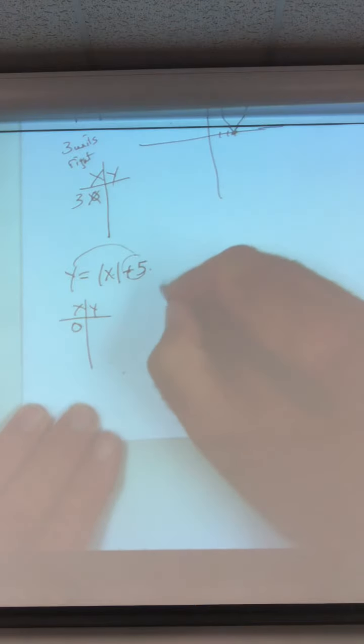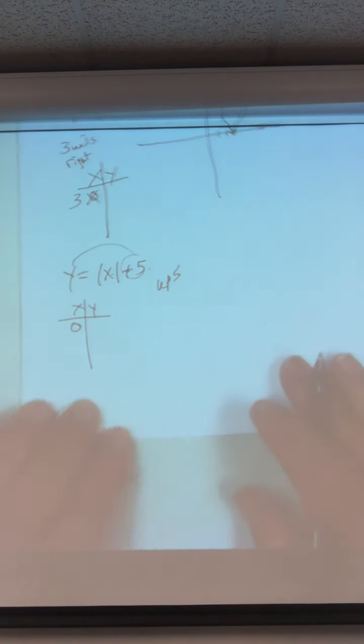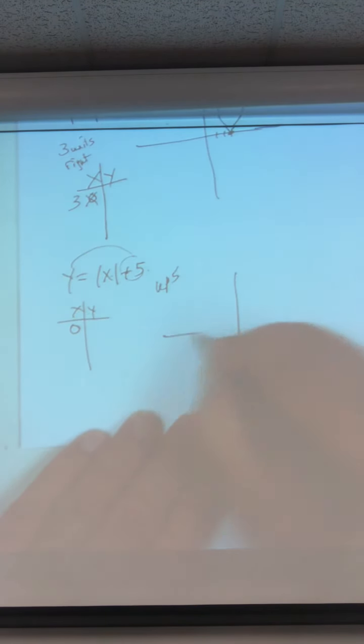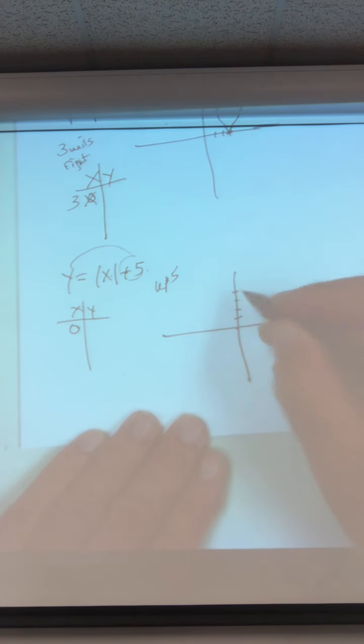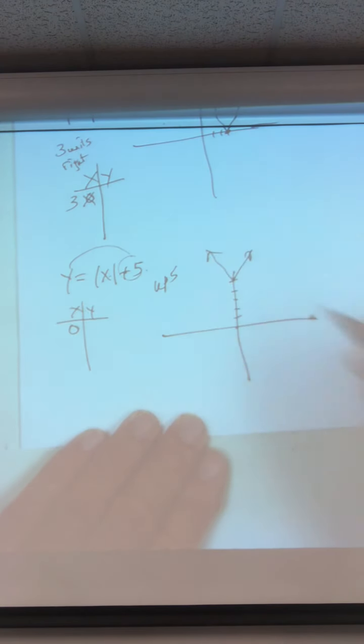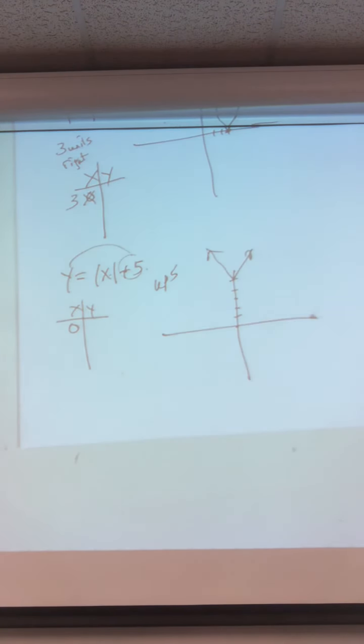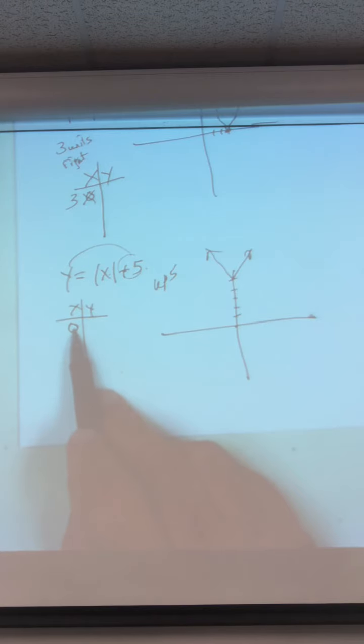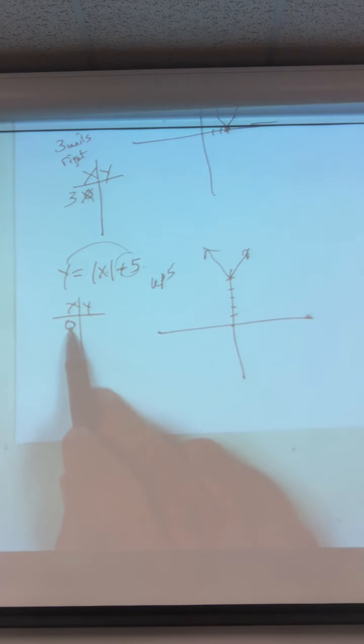So that means this is going to be up 5. So where your parent function normally started right here, it's going to go up 5. So that V shape is going to look just like that. But again, all you need to remember right now is what number to put right here first. That's the main thing you need to remember.